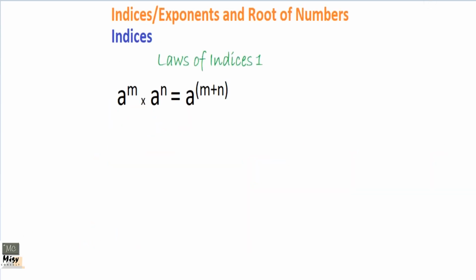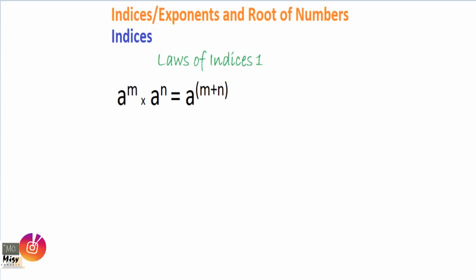Okay, so as we can see, the first law says that if 2 numbers or variables are multiplying themselves, 2 or more, it doesn't matter, it can be 3, it can be 4, so far as they have the same base, that is the key. So far as they have the same base, you can just add the indices on top of one of the bases.